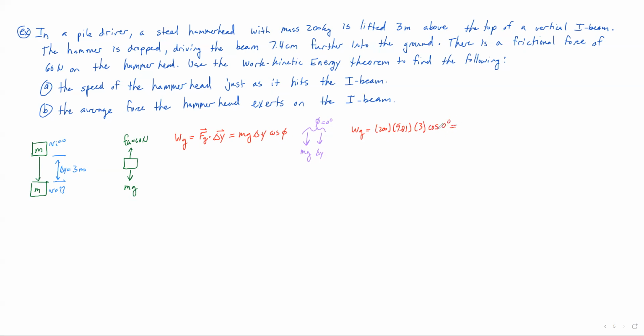So when you multiply that all out, what do you get? 5,880 joules. That's the work done when having that block fall. It does that work due to gravity. So let me write this down here. The work due to gravity, 5,880 joules. We'll just put that off to the side.